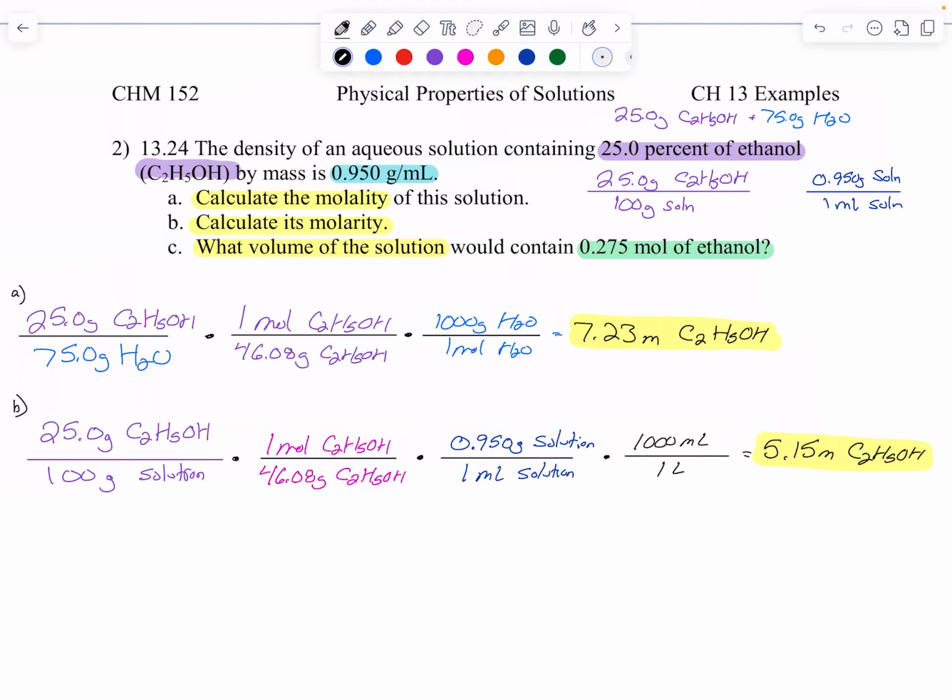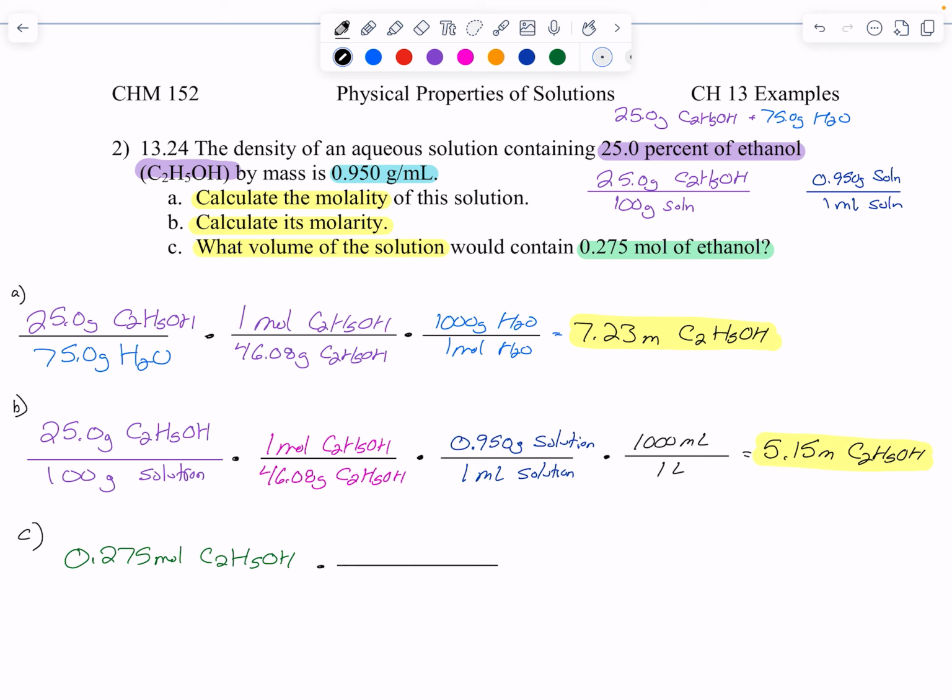Now C, finally. The volume is 0.275 moles. All right. Well, let's see. I would do our molarity, right? Because molarity times volume, 0.275 moles of C2H5OH.